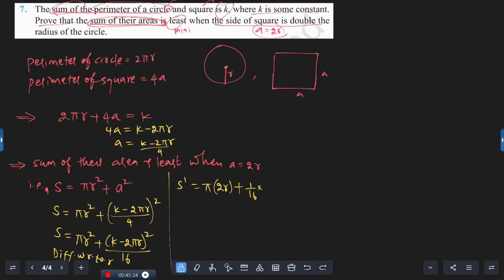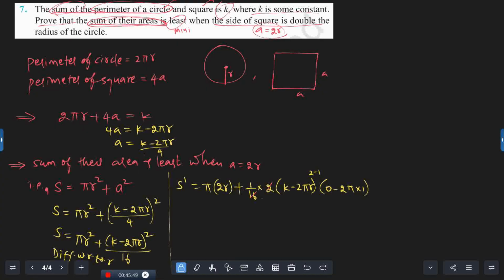Let it be as it is, the divisor is 16 only, so I am writing 1 by 16. This square when you differentiate, 2 will come down: (k minus 2 pi r) to the power 2 minus 1, into the derivative of the inside of the bracket also. K derivative is 0 because k is constant, 2 pi multiplied by r derivative 1. That's it. Simplify this.